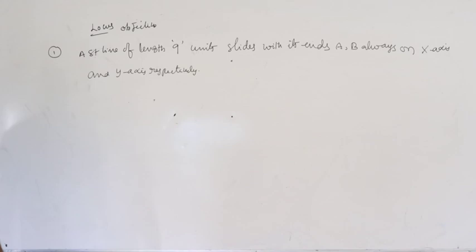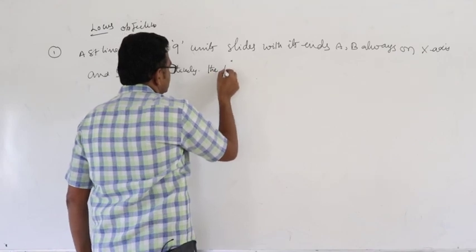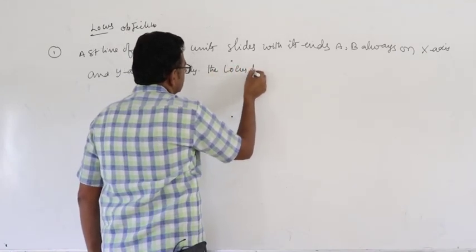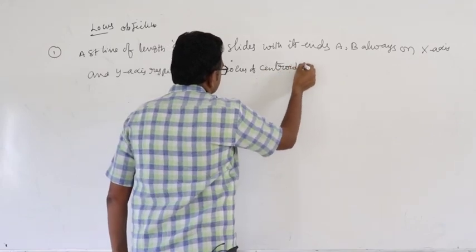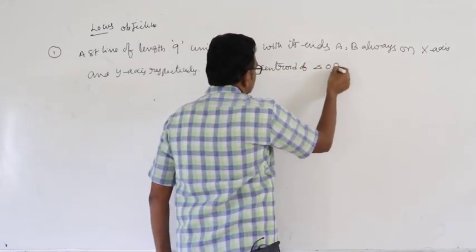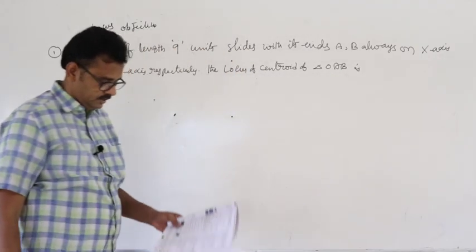Then the locus of centroid of triangle OAB is, where O is origin.